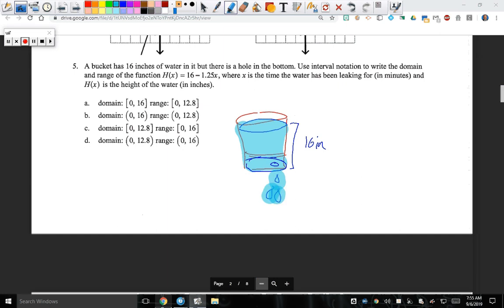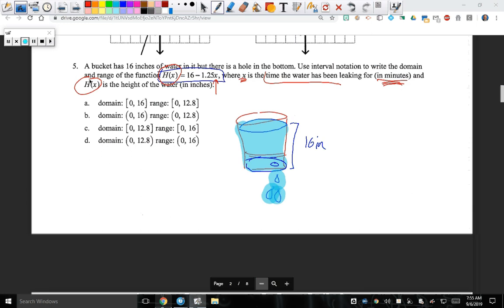Use interval notation to write the domain and range of the function h of x is equal to 16 minus 1.25x. Okay, so what does x and what does h of x represent? That's what we're going to be looking at. x is the time the water has been leaking in minutes. Okay? And h of x is the height of the water in inches.